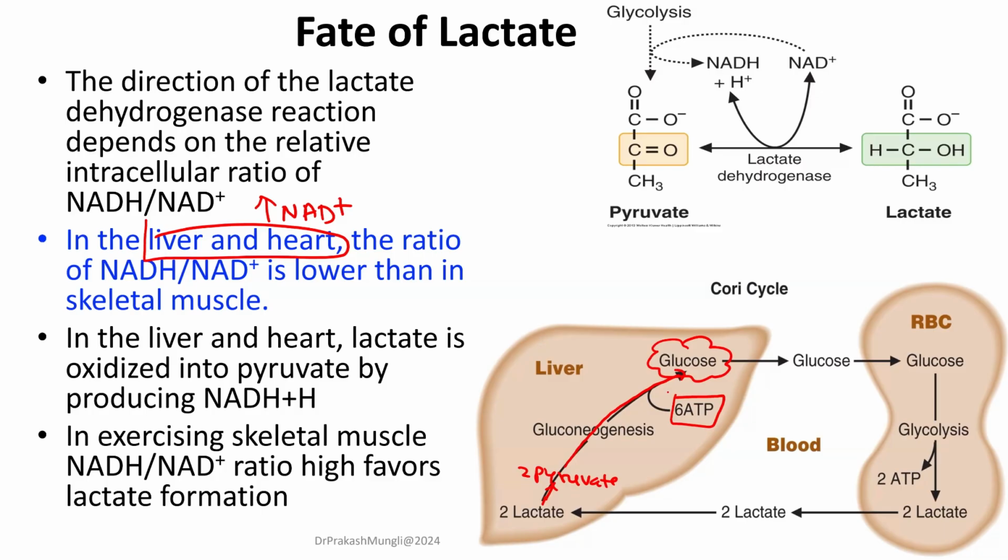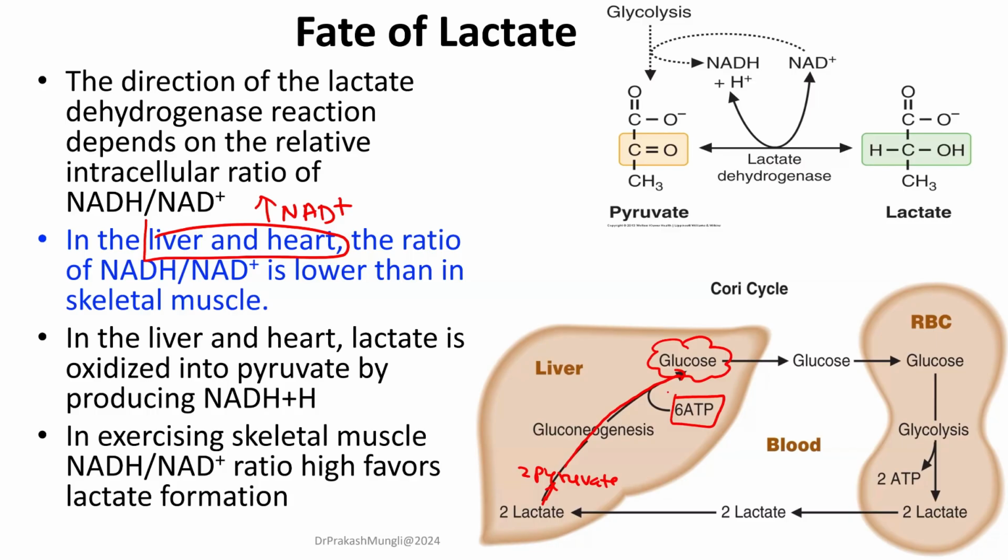That means your lactate coming from red blood cells can be converted into glucose, not always going into the TCA cycle by making pyruvate, acetyl-CoA. It can also go back into glucose, and that glucose enters the blood, and a red blood cell can take it or the brain can take it, and that completes the cycle.